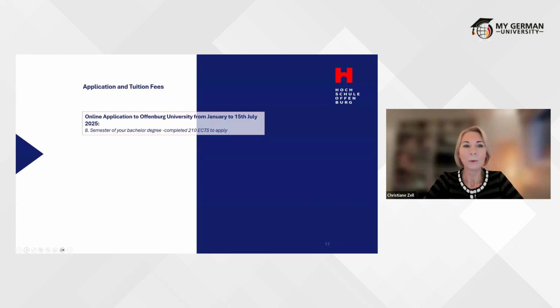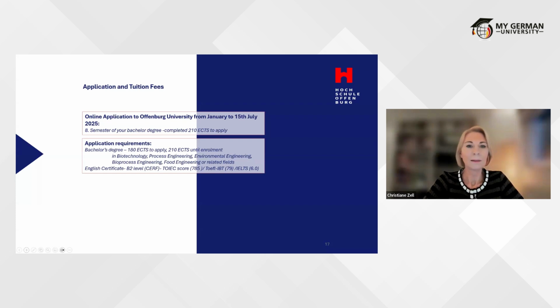Okay, some words about application and tuition fees. The application deadline is the 15th of July. The application requirements are a bachelor degree in biotechnology, bioprocess engineering, or related fields.